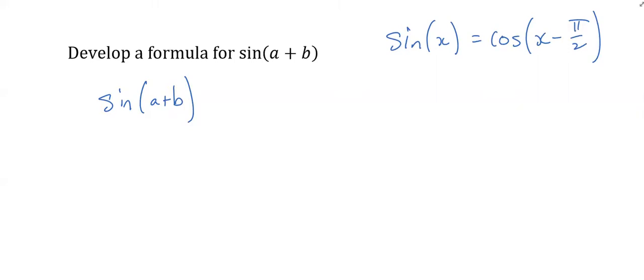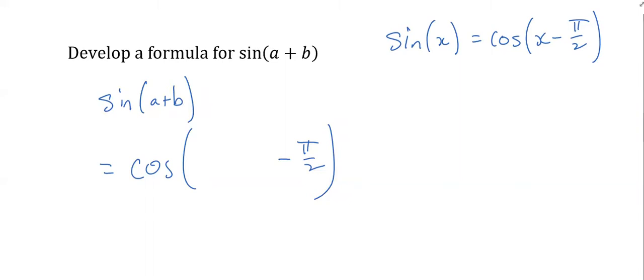Max? Replace it with pi over 2. Kind of. What can we do? Is my x. So this is equal to cos of something minus pi by 2. What is that something? It's the a plus b. That's the x, right? A plus b.